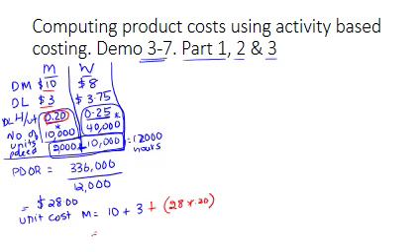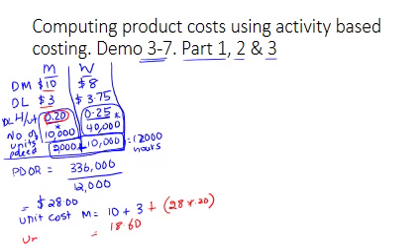So this is going to be your unit cost of M, and that is going to be 18.60 if we do the math.